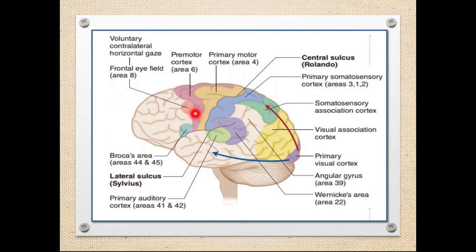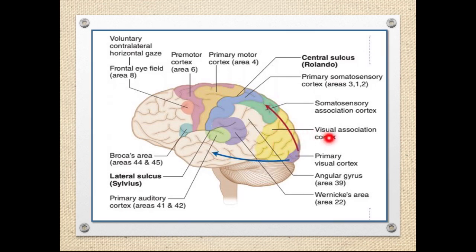And anterior to the premotor area is this frontal cortex area, called the frontal eye field, and it helps in controlling the voluntary contralateral horizontal gaze of the eye movement. And the postcentral gyrus, this blue one, is the primary somatosensory cortex, and this green one is the association area of the somatosensory cortex.